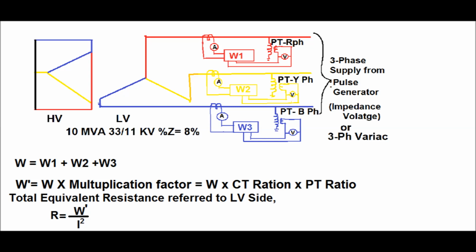So this wattmeter reading must be converted to the primary side by multiplying by a multiplication factor, which is the CT ratio into PT ratio.